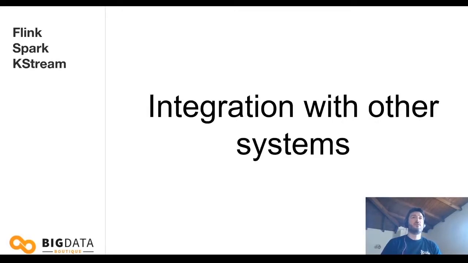Well, integration with other systems, it's basically the capability to read not only from Kafka, but from other databases, from JMS, from MQ, and so on and so forth. In this particular case, Kafka Streams is not able to read from anything except Kafka, but there is another component called Kafka Connect, which is oriented to read from databases and so on, and to publish the information in Kafka.